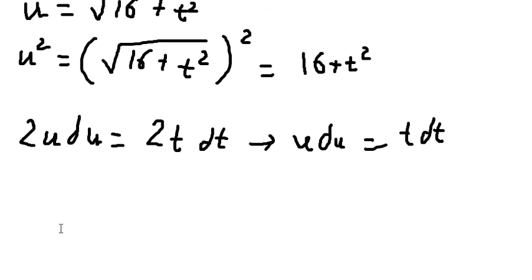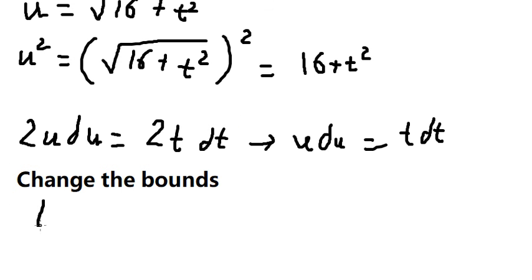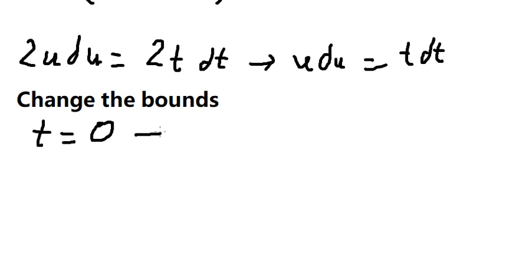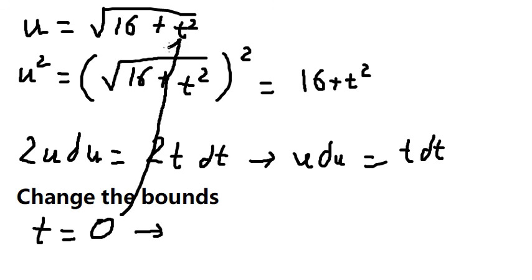Next, we need to change the bounds. When t equals 0, I will put 0 here to find the value of u. The square root of 16 plus 0 squared, we have u equals 4.